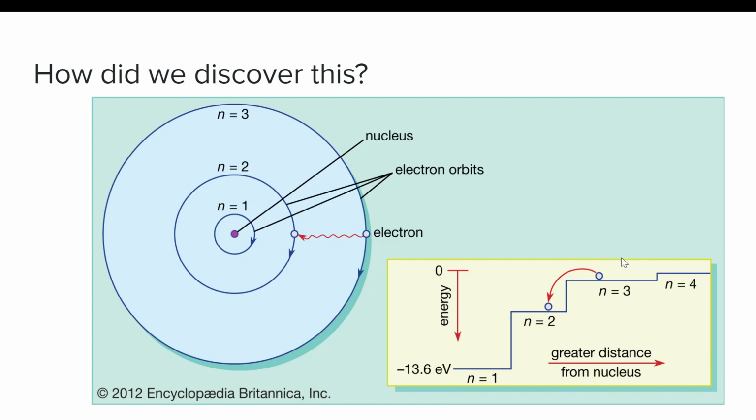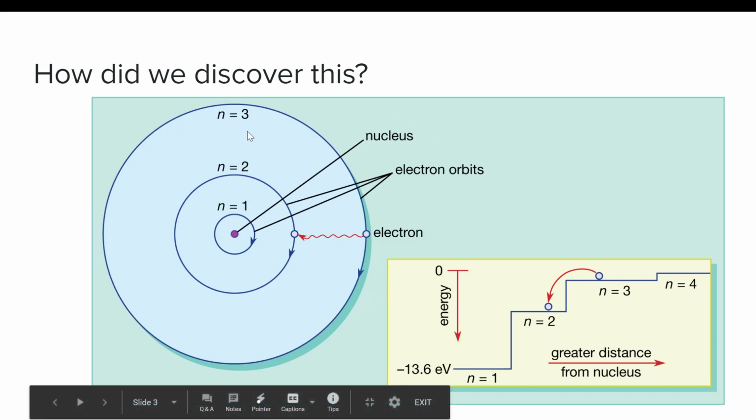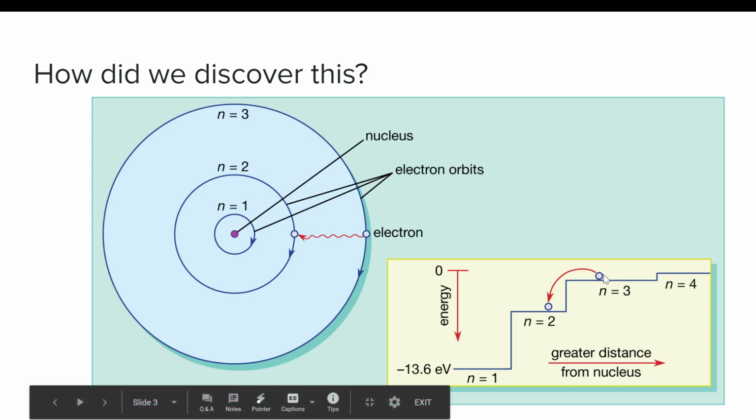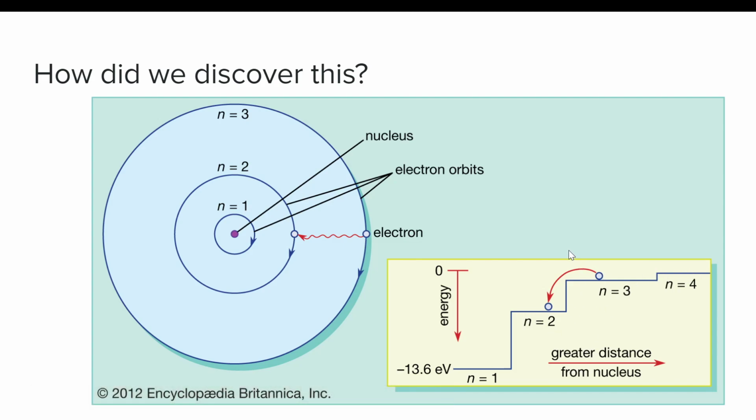They can only live in these discrete little energy levels and nowhere else. So it can be right at this line, or here, or here, but it can't be anywhere in between.